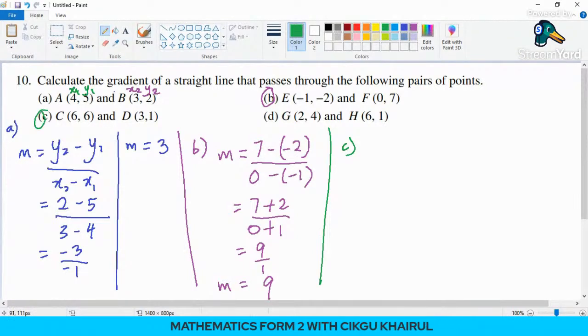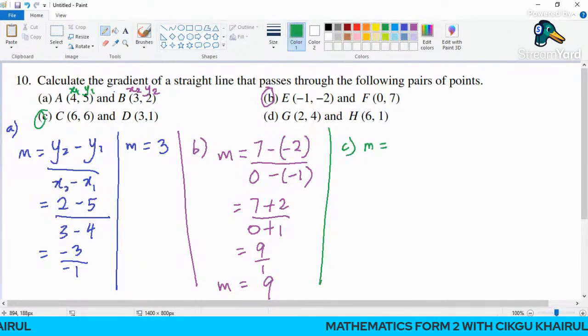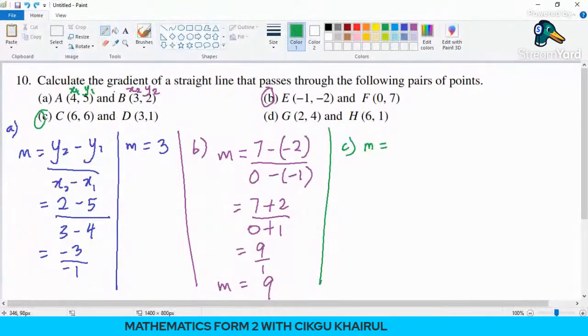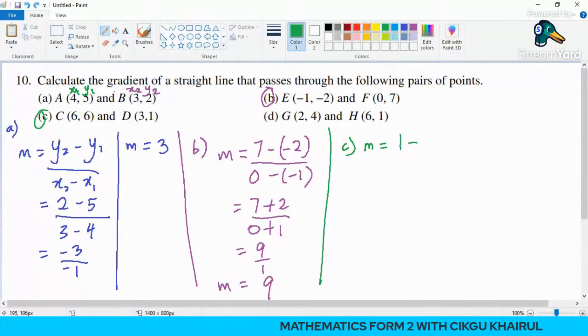Question C, this one. So for question C, again, m equal to, so I choose D as point 2. Remember D as point 2. Okay, so y2 minus y1. Y2 is here. Y2 is 1 minus y1 is this one, 6.